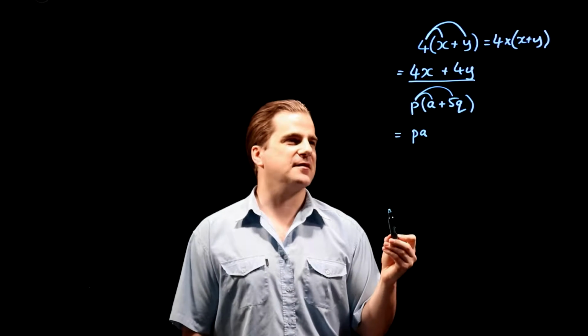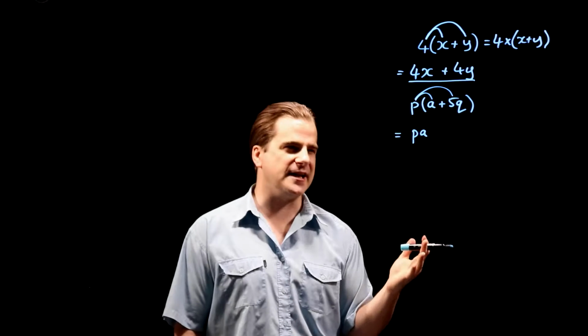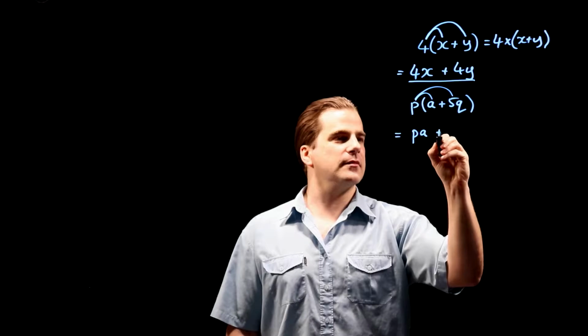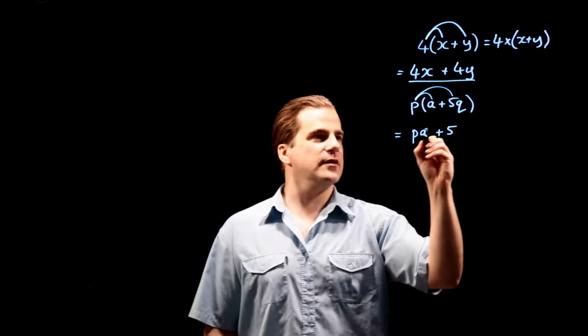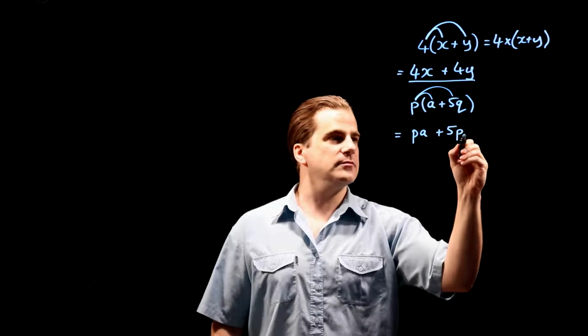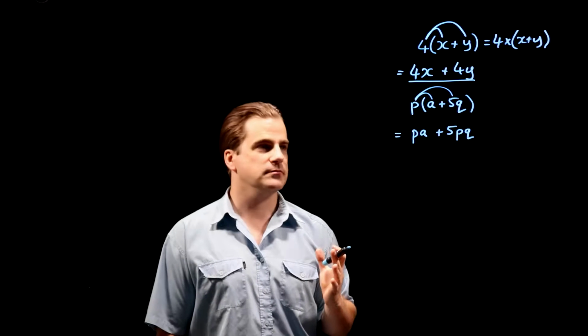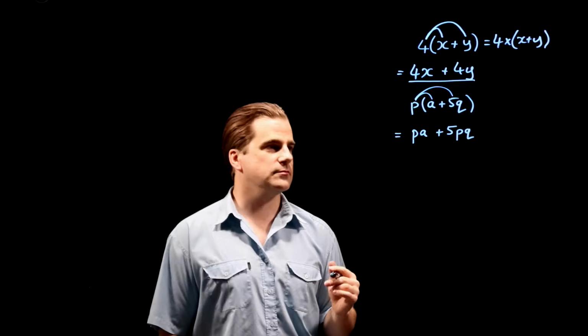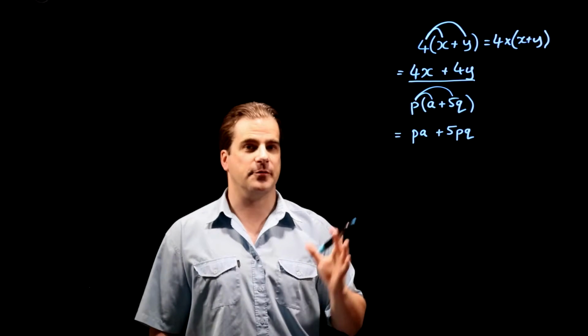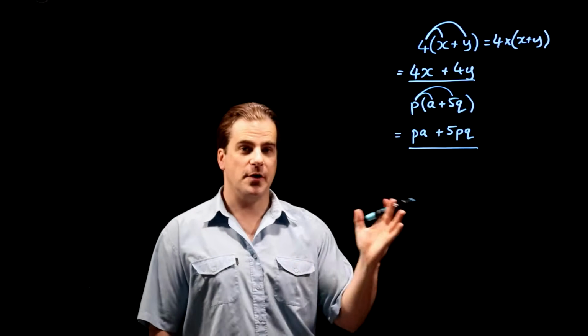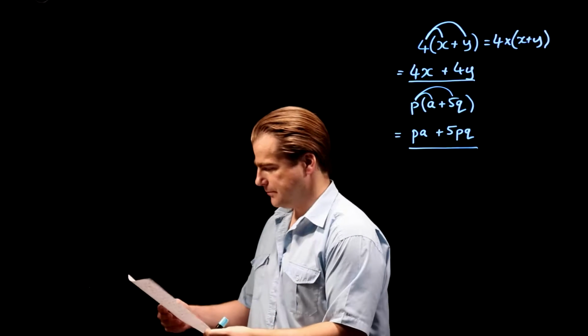You could write P5Q, which would technically be correct, but just write the number first. So it's 5 times P times Q, which we write as 5PQ. That's it. 5QP would also be acceptable. No problem.